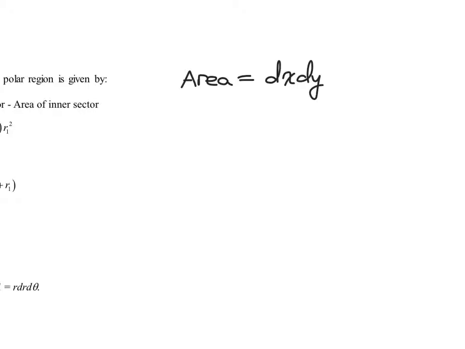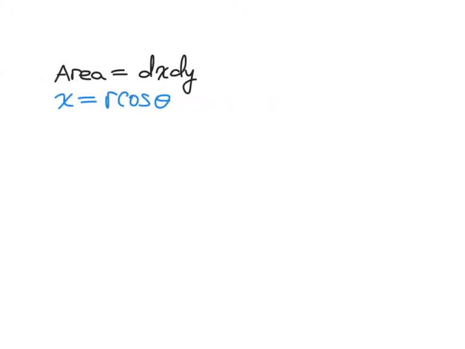In order to do that, I need a couple of really important pieces of information, like x is equal to r cosine theta, and y is equal to r sine of theta.